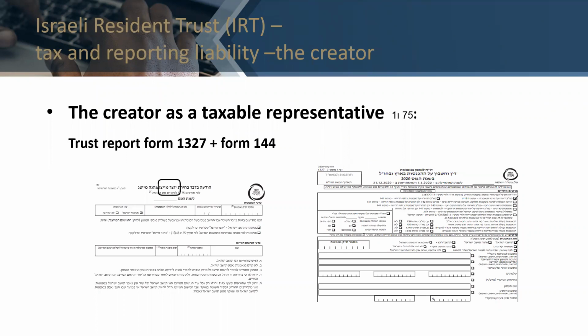So the form for assigning the creator as the tax representative is form 144, and the usual form to report for a trust, now applicable to the creator, is form 1327.